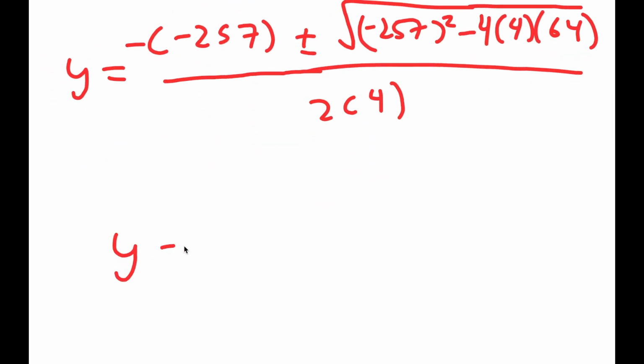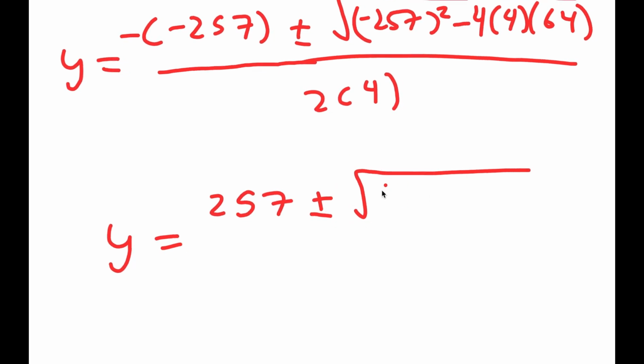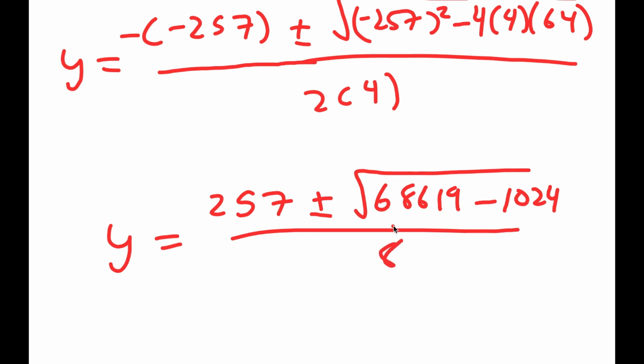Now, this turns into y equals positive 257 plus or minus the square root of negative 257 squared, which, if I put in my calculator, is equal to 68,619 minus 16 times 64, which is 1,024, squared that all over 8.